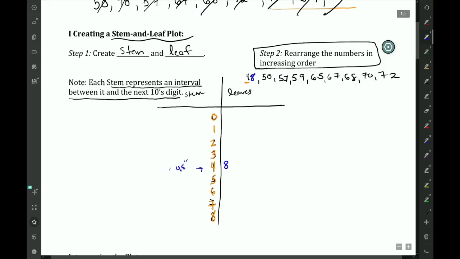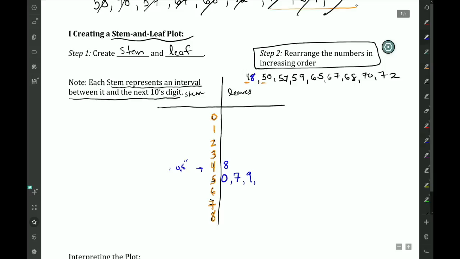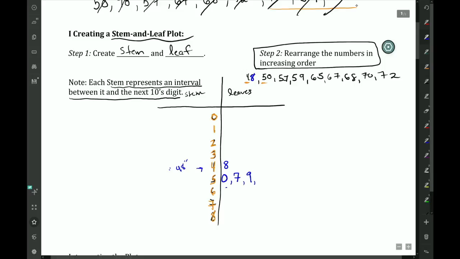Similarly, we have 50, and 50 is going to be in the 5 stem with a 0. 57, right next to it, 59. We then move up to 65, 67, 68, and then we have 70 and 72.